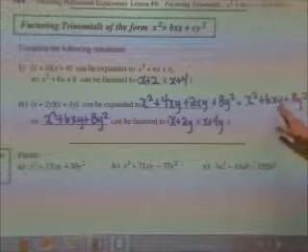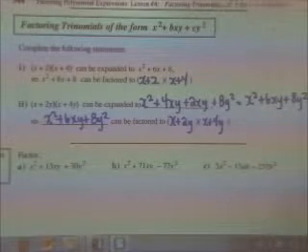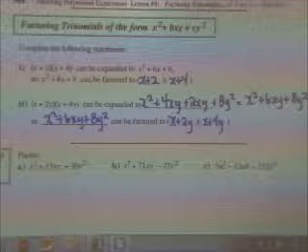There are two variables, and there's a variable in the last term. How does it impact factoring my trinomial? More steps. More thinking. You just have to remember to write down the variables.